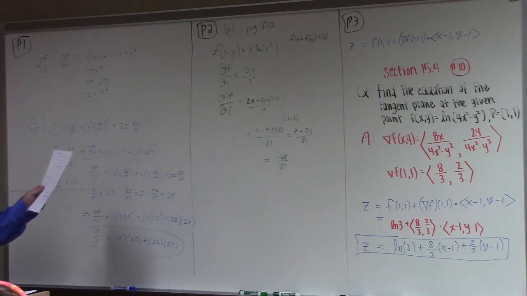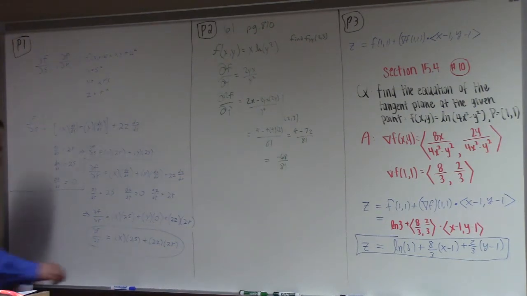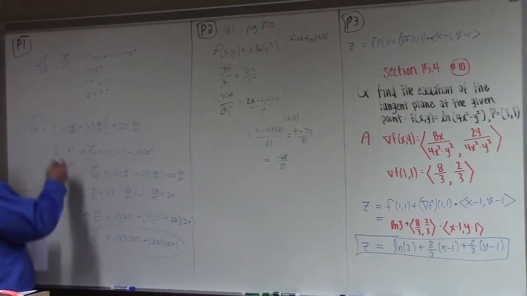So this one is use the chain rule to calculate the partial derivatives, express the answer in terms of independent variables. So in this case, the independent variables are s and r, all right? We're given that f of x, y, z is xy plus z squared. So what did you do? Partial f partial x, partial x partial s, plus partial f partial y, partial y partial s, plus partial f partial z, partial z partial s.